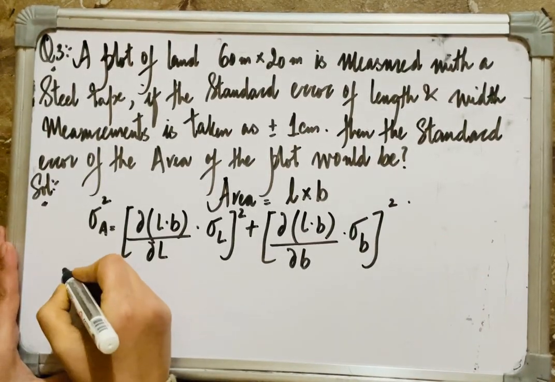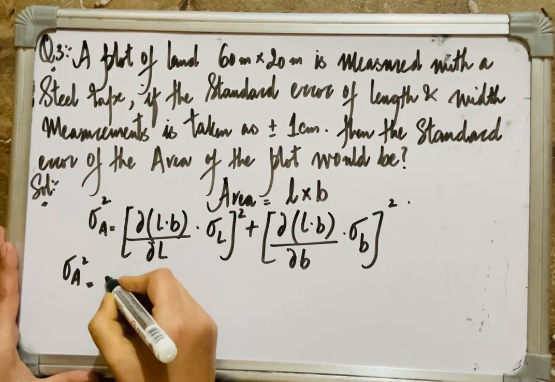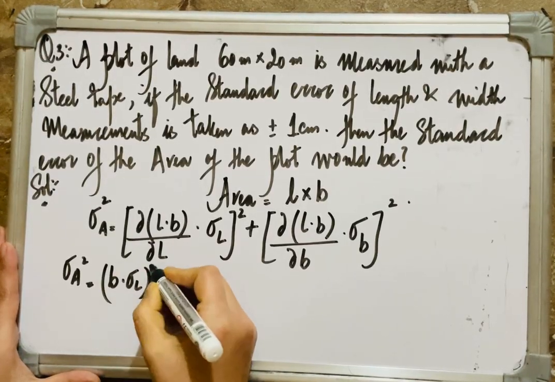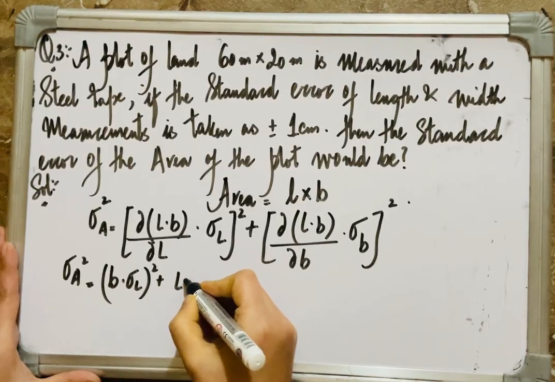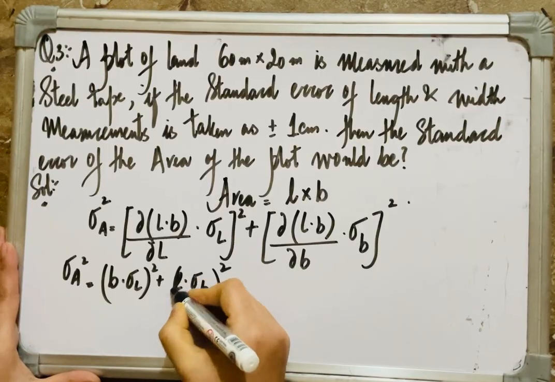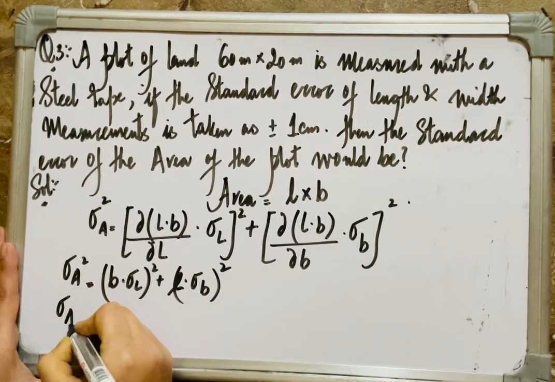So sigma A square is equal to how much? By calculations, it is B sigma L square of it plus L sigma B square of it. This is L.